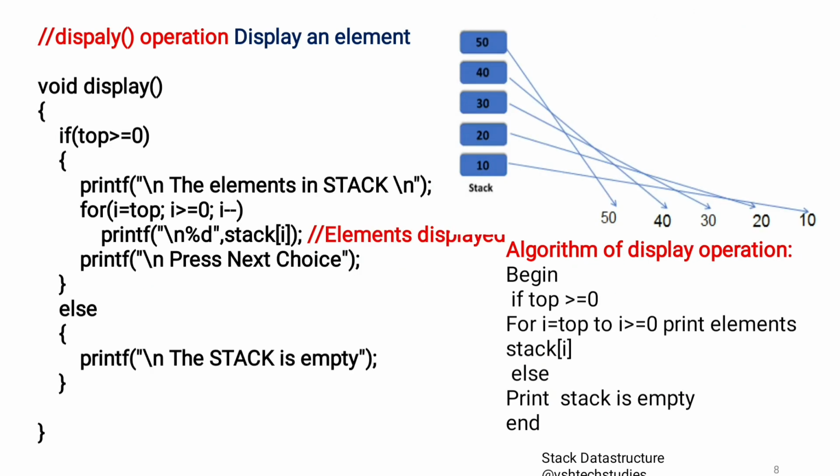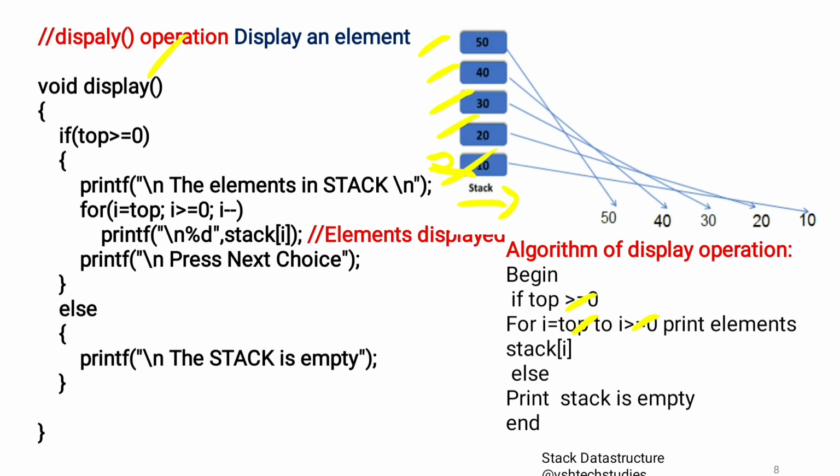Okay. Next, display operation. The algorithm is: if top is greater than or equal to 0, meaning the index must be at least 0. If the stack top is -1, the stack is empty. So if it is greater than or equal to 0, I goes from top down to 0, that is 4 3 2 1 0 if the stack is full.